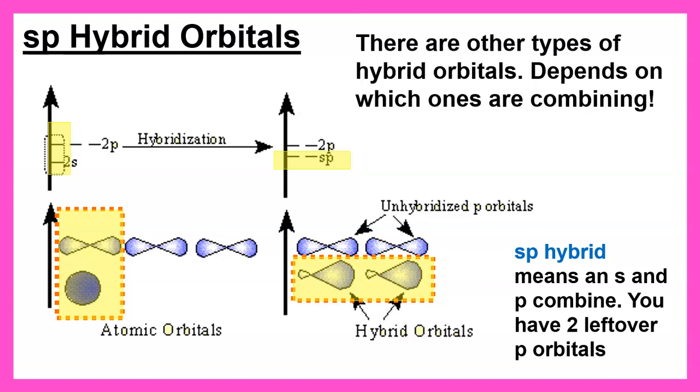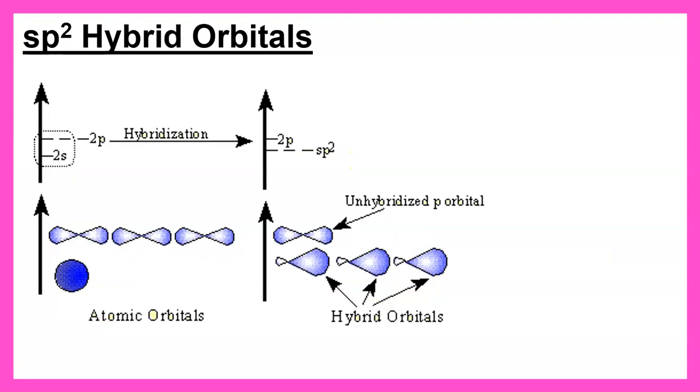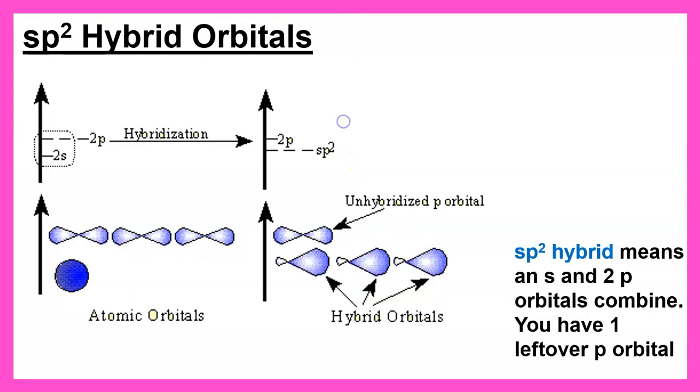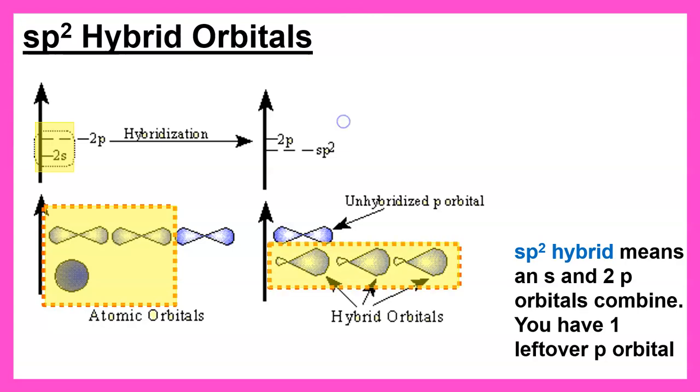And there's other types of hybrid orbitals. We could have sp2, where we take an s orbital and two of the p orbitals, and we hybridize those. Three are going to hybridize into three new shapes here.